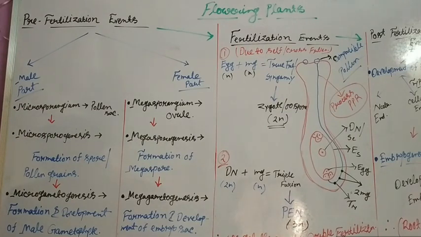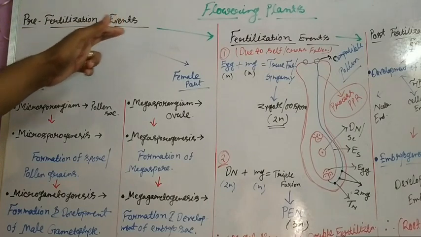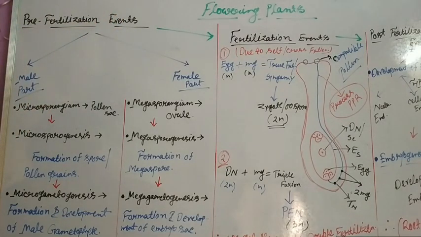After the pollen grains form, another process starts. The process is microgametogenesis. The result of microgametogenesis is the formation and development of the male gametophyte. These are the main 3 steps of pre-fertilization events in the male section.